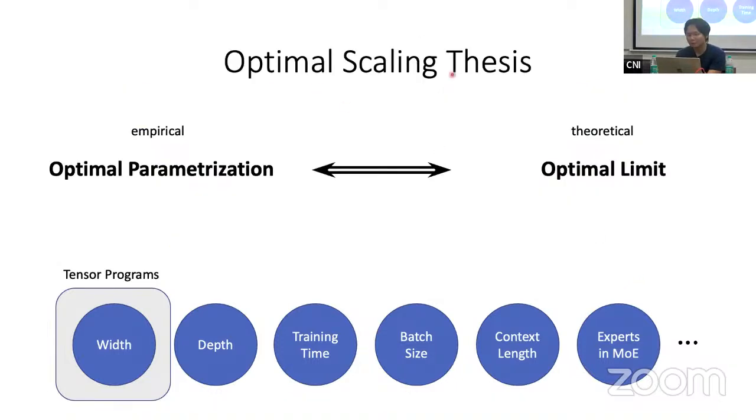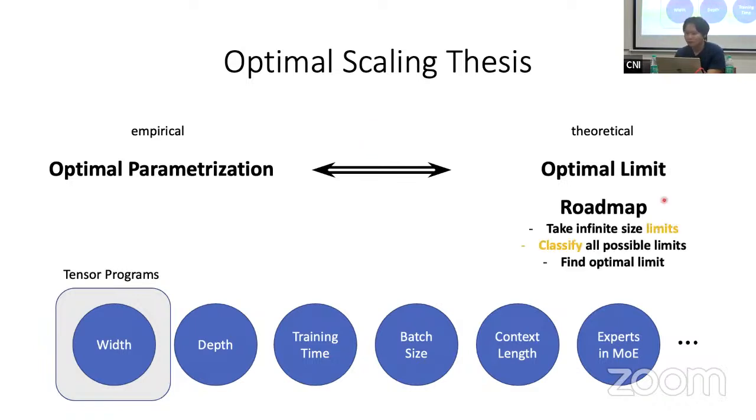And if you believe in the optimal scaling thesis, like I talked about, then for a mathematician, it's very easy to contribute. Well, the roadmap is, you just focus on the right side, you try to take infinite size limits, you classify all possible limits, and you find an optimal limit, just like I presented just now.